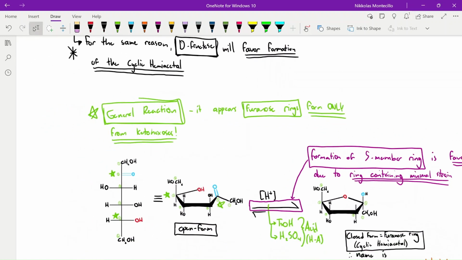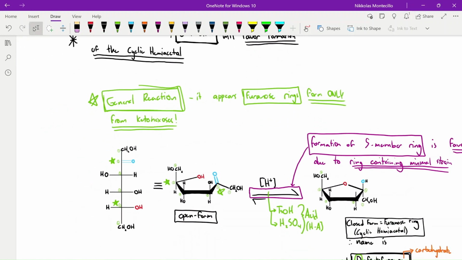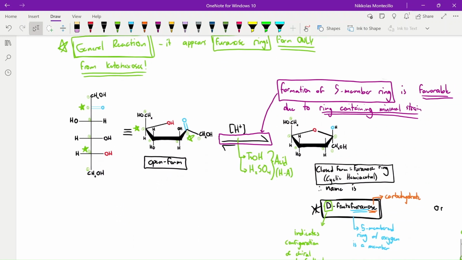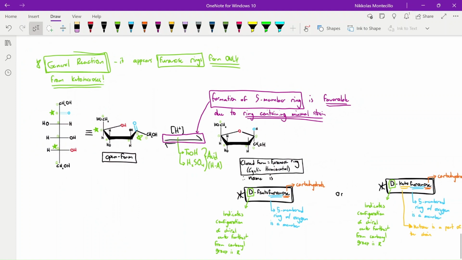So the general reaction. As I understand, it appears that furanose rings form from ketohexoses, and the anomeric carbon for ketohexoses is still the same. It's still carbon number 2, right?